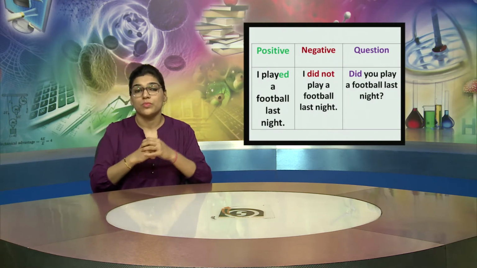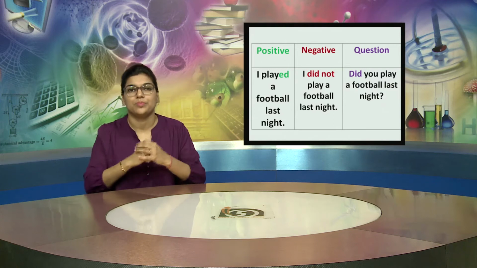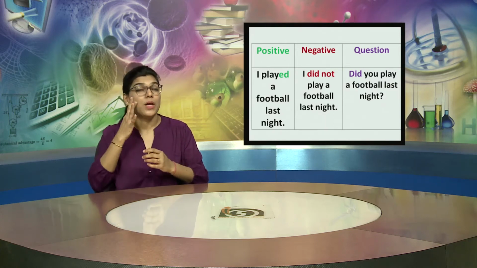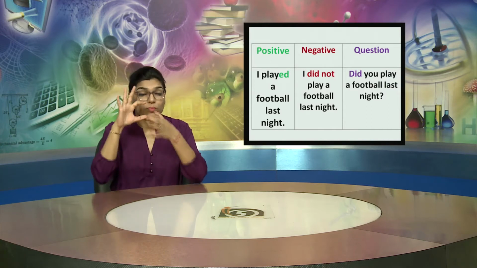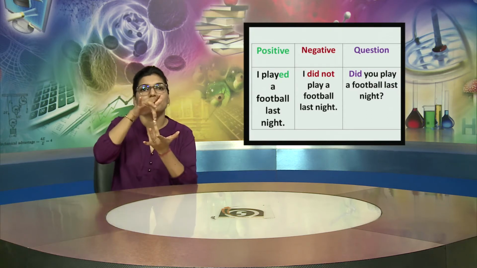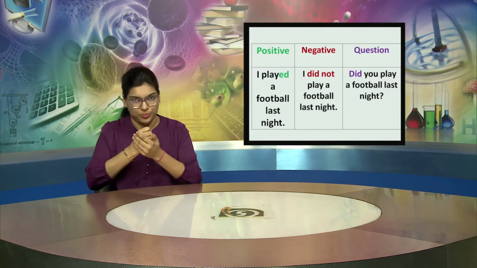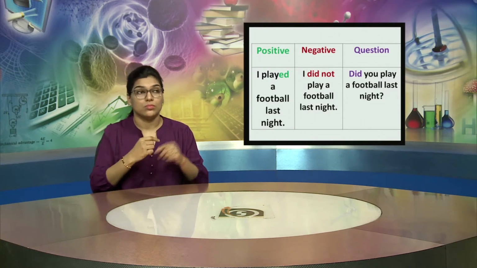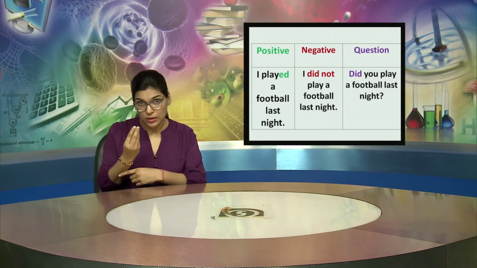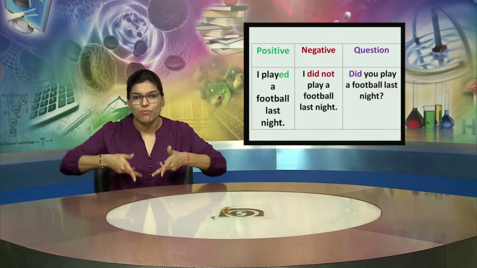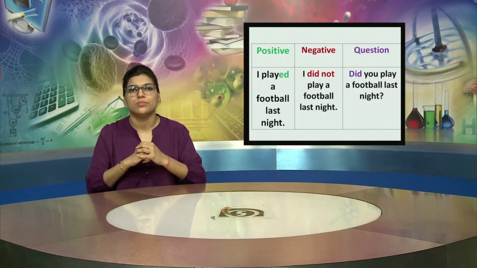Now, in this table, you can see the positive, negative and question. There are three columns, and see the word ed is to be used in the middle. It says, like, yesterday night I played football.